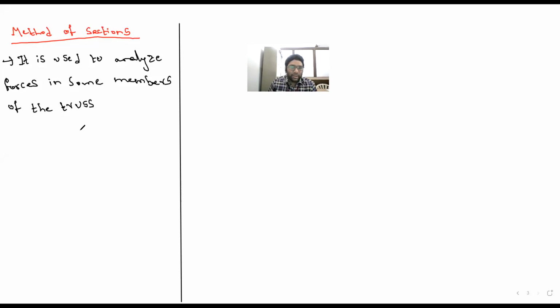For example, if I take this truss to start with, and I have some members here and another member here, the first step is always to calculate the degree of static indeterminacy, and if there are any external reactions, we need to calculate the support reactions.